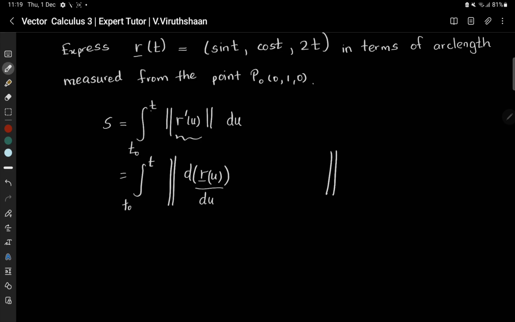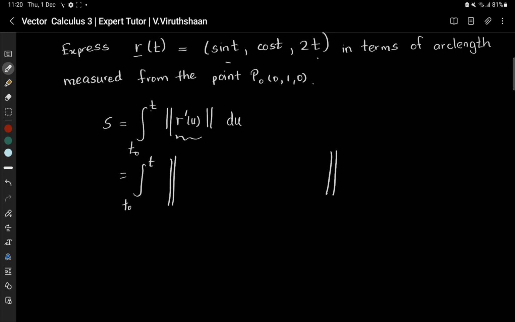So we can directly differentiate this r u. Here we know r t is sine t, cos t, 2t. If you change that in terms of u, you get sine u, cos u, and 2u.